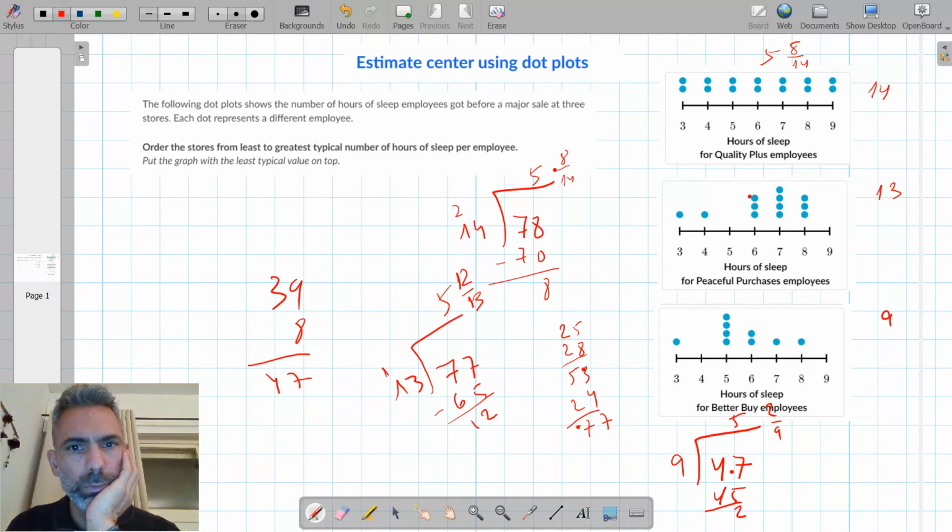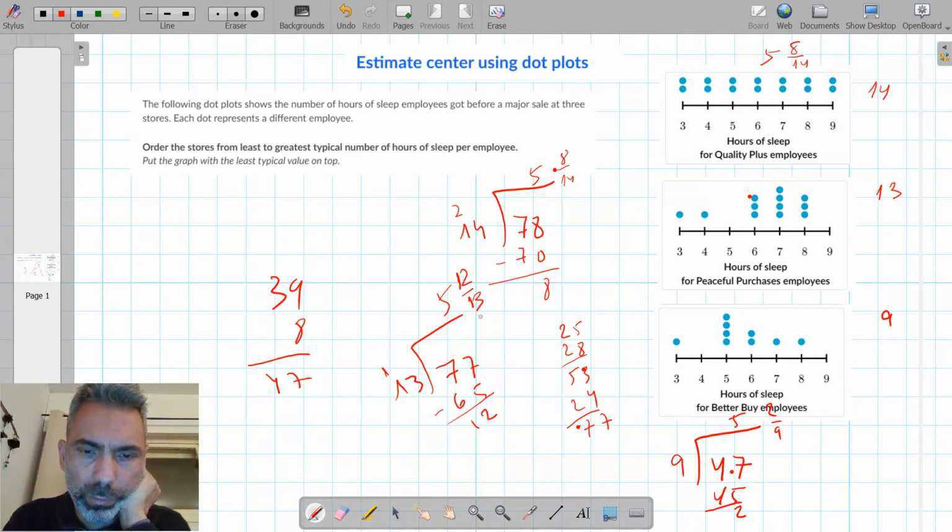Wow. So it's altogether very close: 5 and 2 ninths, 5 and 8 over 14, 5 and 12 over 13.